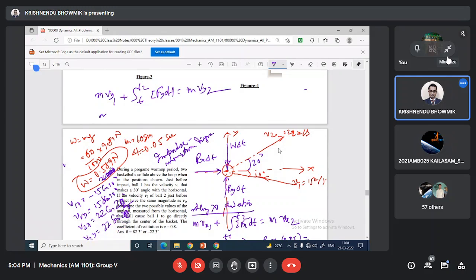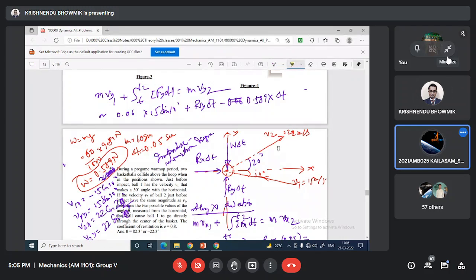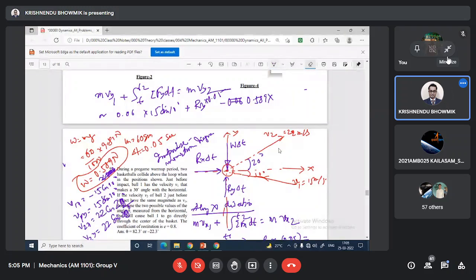So 0.06 multiplied by 15 sin 10 degree plus positive Ry delta t minus the weight, 0.589 multiplied by 0.05, equal to 0.06 multiplied by 22 sin 20 degree. Then Ry will be 6.4 Newton.